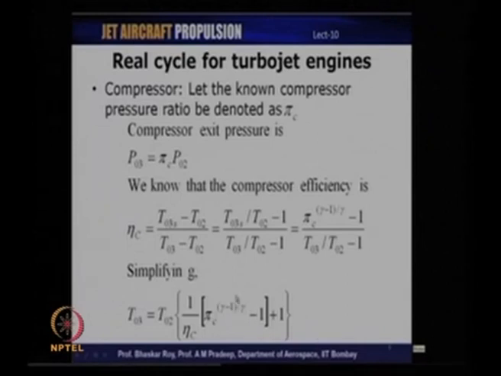This gives us an expression for calculating the stagnation temperature at the exit of the compressor, once we know the stagnation temperature at the inlet, the compressor pressure ratio and the efficiency. Having known these three parameters, we can calculate the compressor exit stagnation pressure as well as the temperature. So, we now have the pressure and temperature all the way up to the combustion chamber inlet, which is basically the compressor exit.